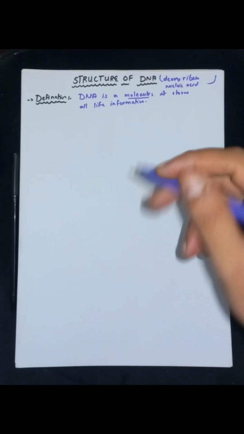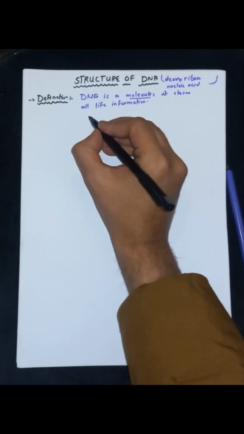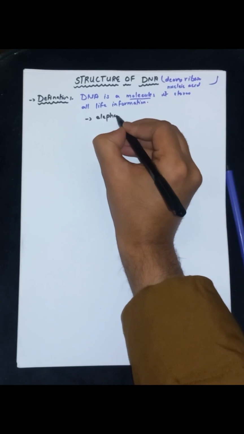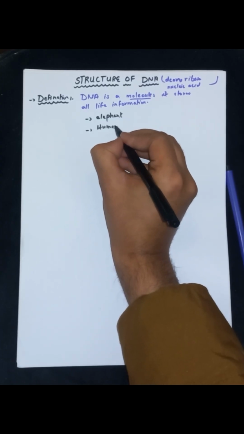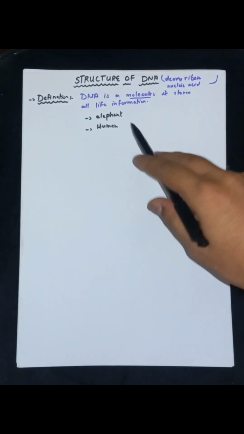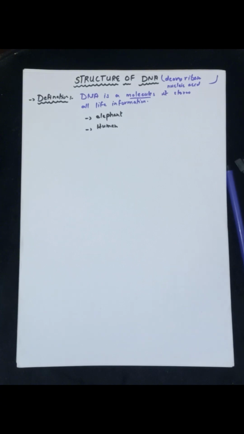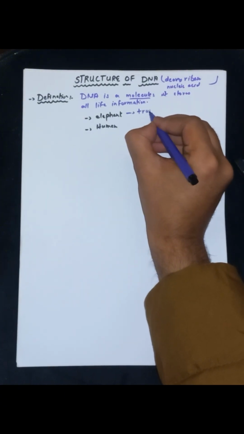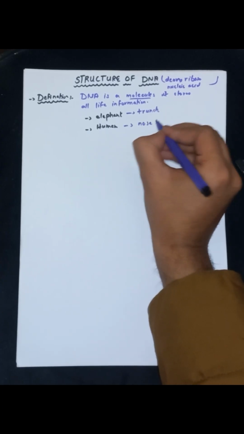So let's understand it more simply, like an elephant and a human. You know that there are a lot of differences between an elephant and a human. Like an elephant has a trunk and a human has a nose.